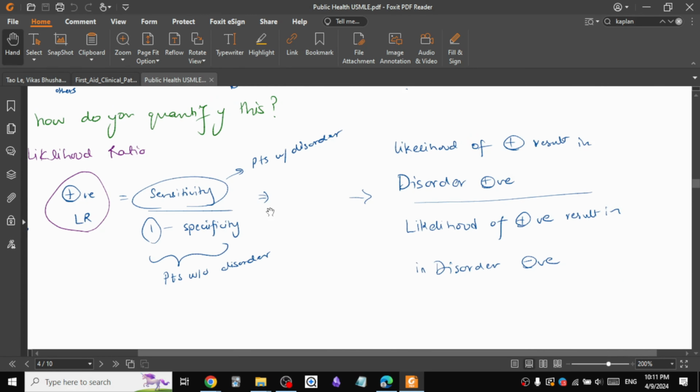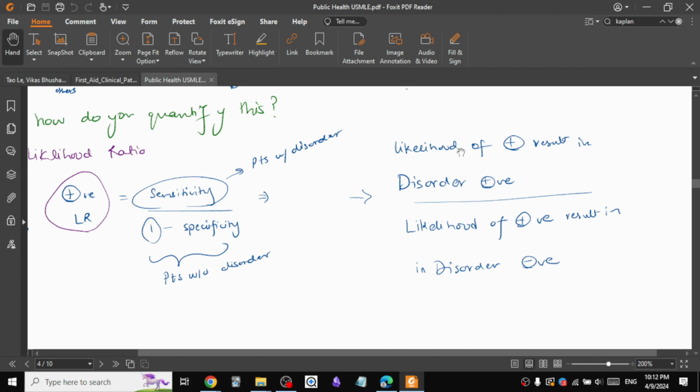Then you come back here and see the likelihood of a positive result in disorder positive, right? This is the sensitivity. And the likelihood of a positive result in disorder negative, that's why we subtracted, is 1 minus the specificity. So this is the basic concept of likelihood ratio.